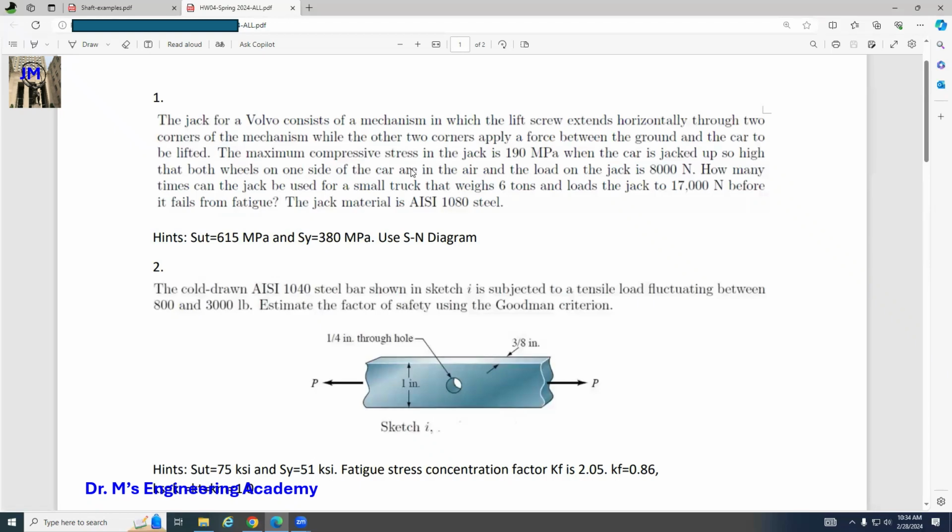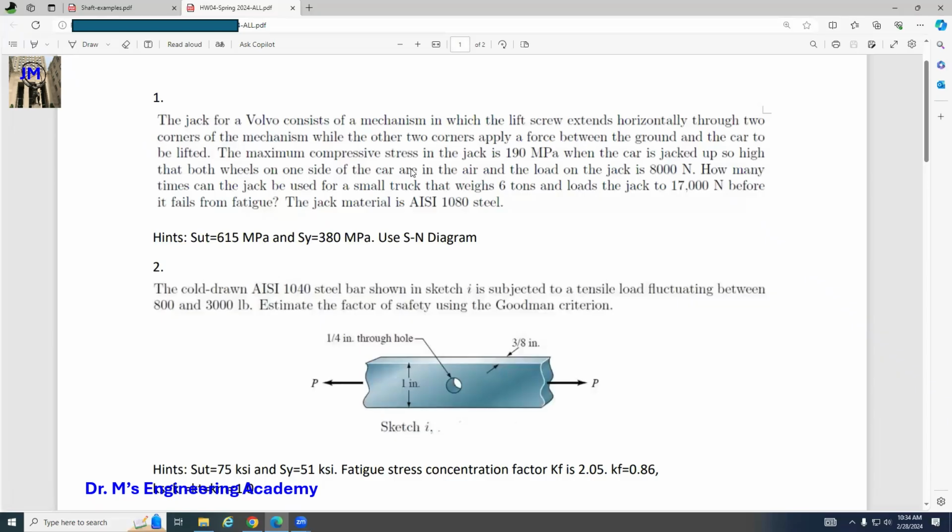Questions? For this one, you can calculate n_s, the safety factor. This equation says that if we want this specimen to have an infinite number of cycles before it fails, what is the safety factor?